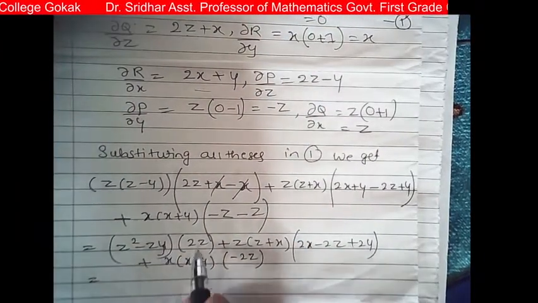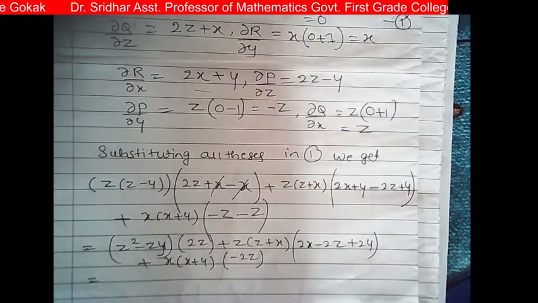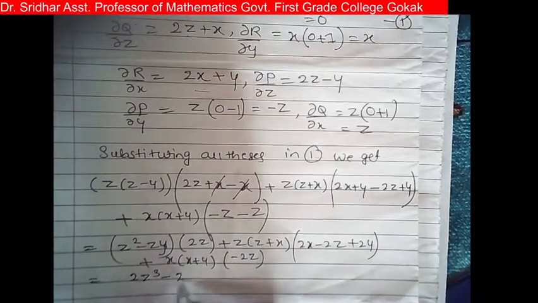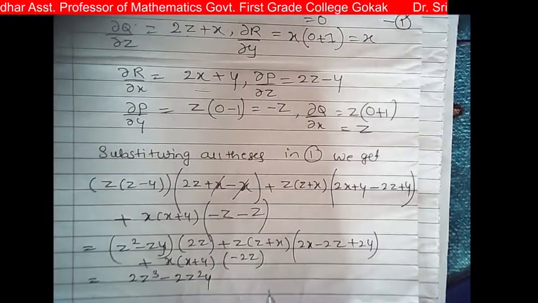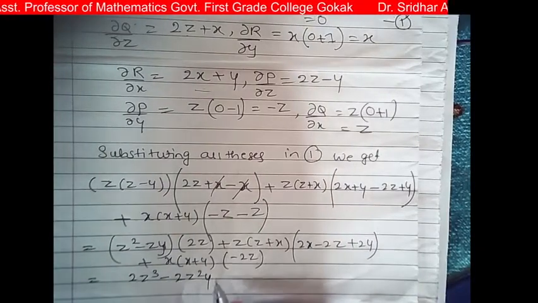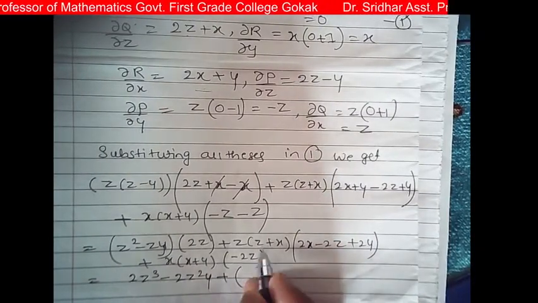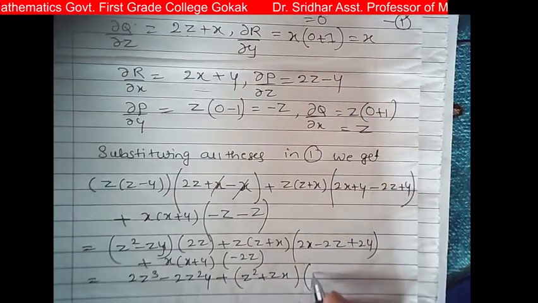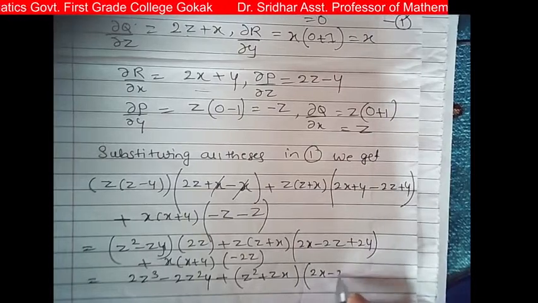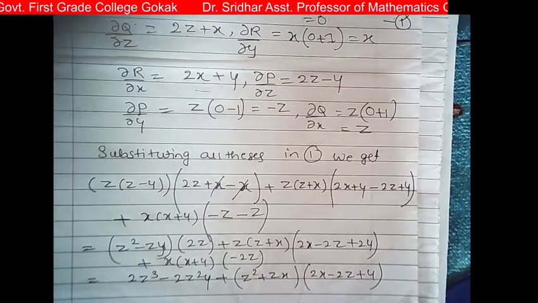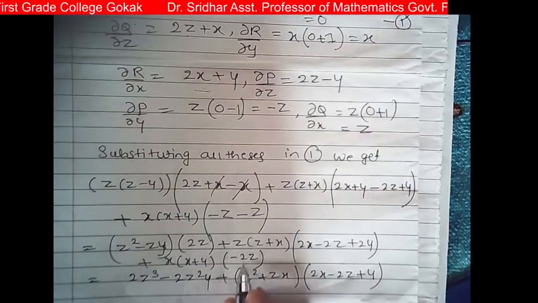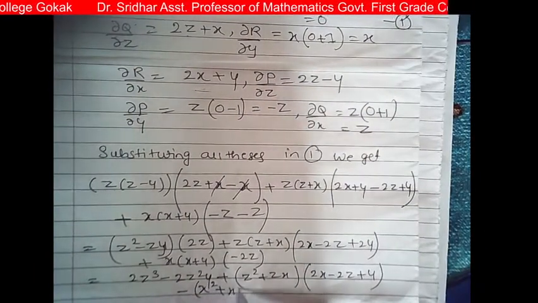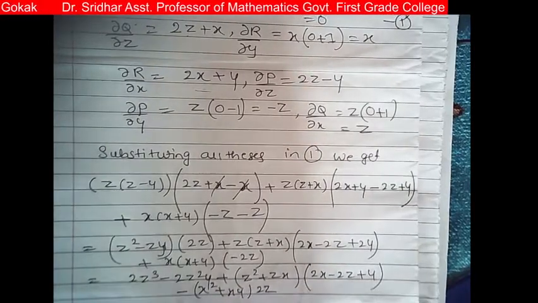Okay. So now again multiply this, 2z cube minus 2z square y, again here plus z into z square plus zx into bracket 2x minus 2z plus y, then minus x into x square plus xy plus 2z.